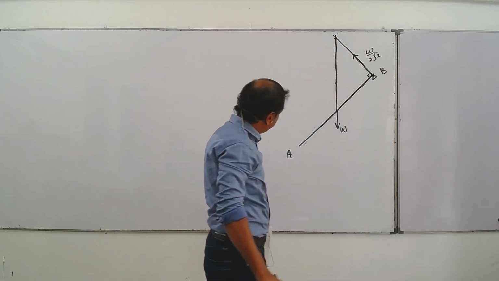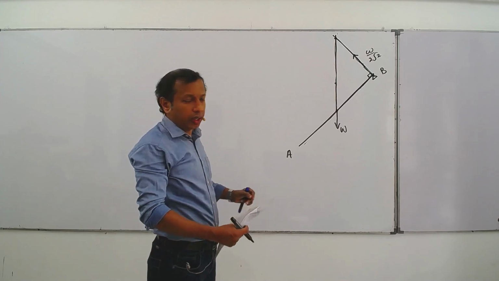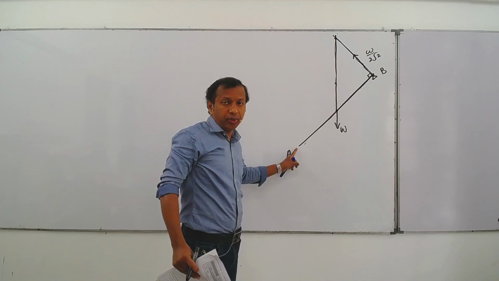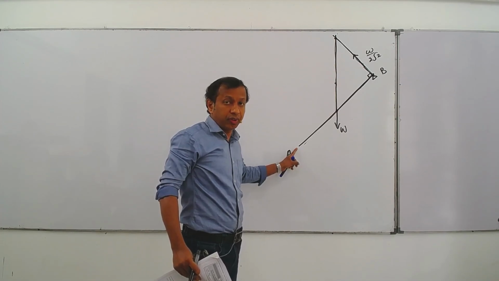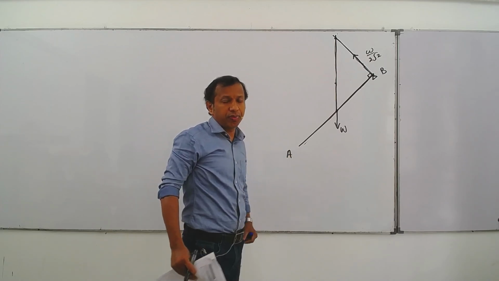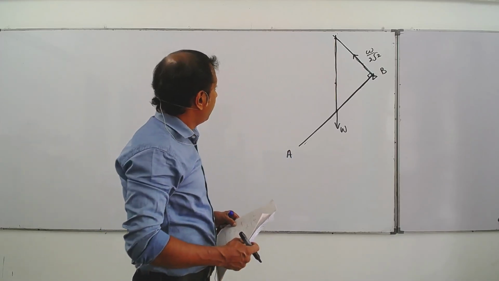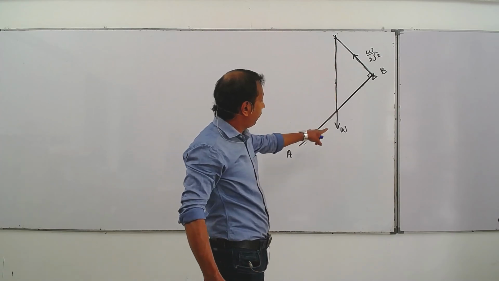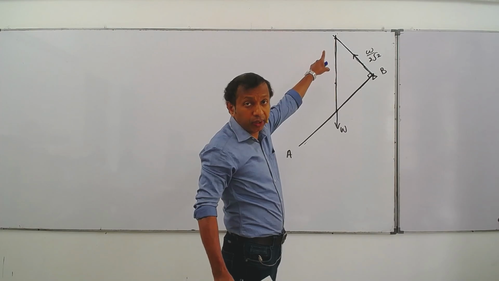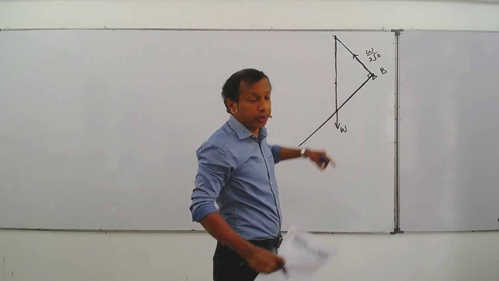Then another force acting on the rod, that is at the end A, the reaction. Finally, the rod is in equilibrium under the action of three forces. We have learned when any object is in equilibrium under the action of three forces, they must meet at a point. So therefore, since that reaction and this weight W really meet at that point, the reaction here should also be passing through that point.